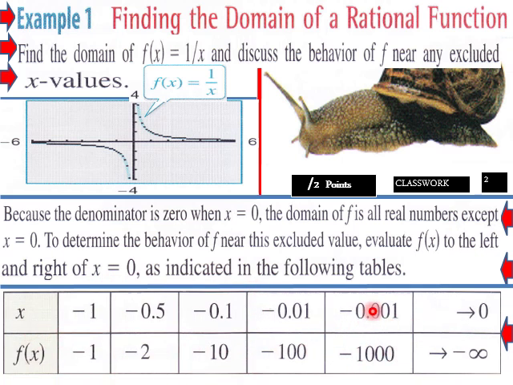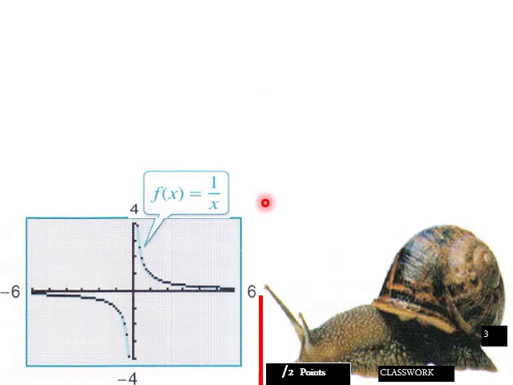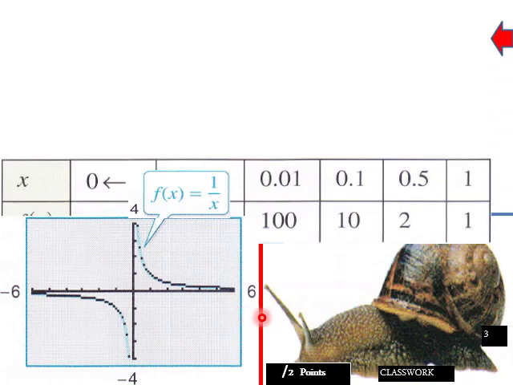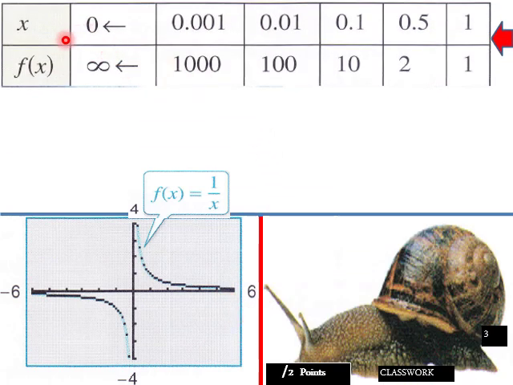So as x goes to 0 from the left, f of x will go to negative infinity. As it goes closer to 0, f of x goes to negative infinity. And then as x approaches 0 from the right, f of x grows to positive infinity here.